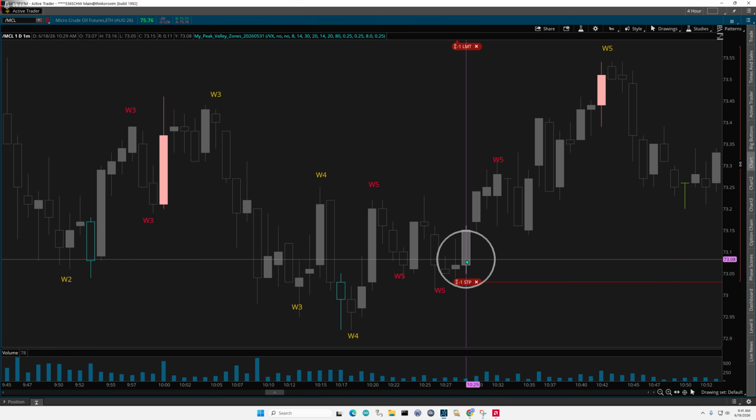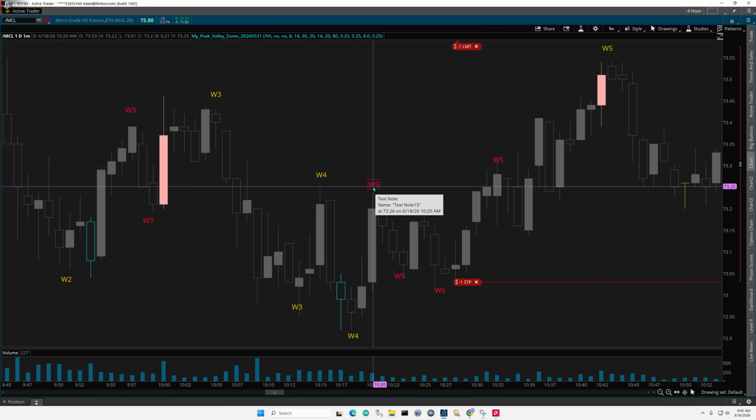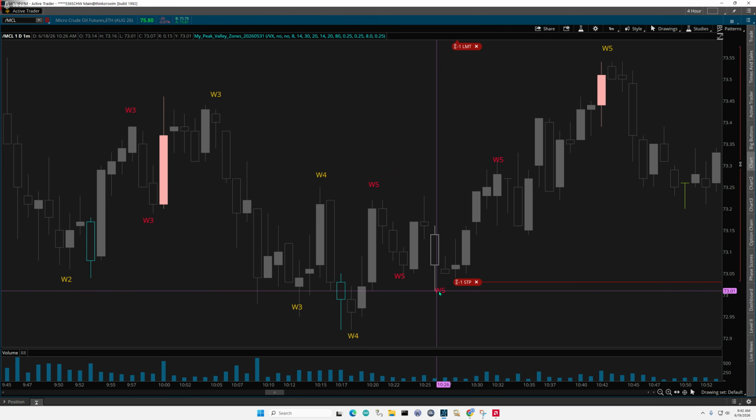And then we get a reversal and price starts going up. So at this point, this price closed above this wave high that I had marked previously. So now I've colored this red because you can see it's a failure, which makes this a failure, which makes this a failure.